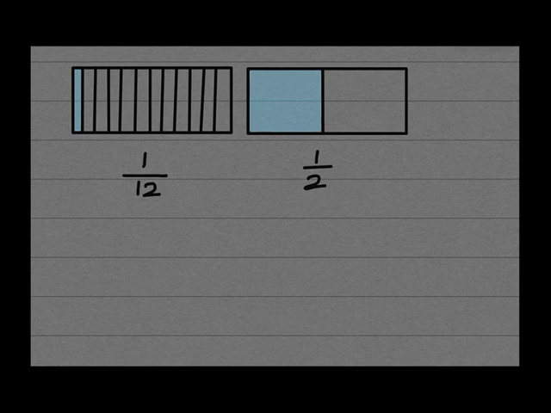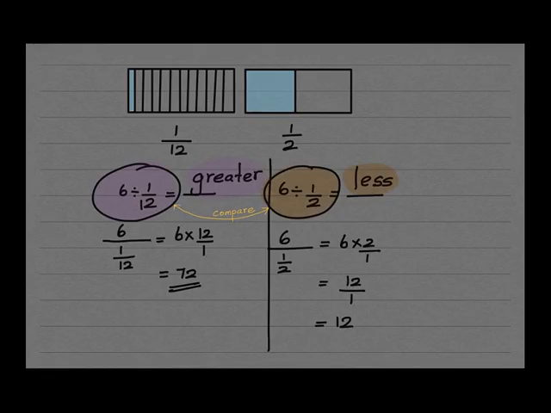So 1/12 will look like so, and 1 over 2 or half will look like so. Okay, so 1/12 is a smaller value and 1/2 is a bigger value, right?